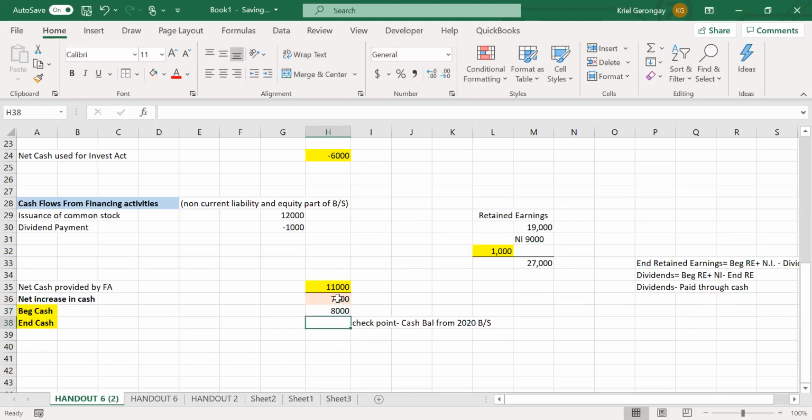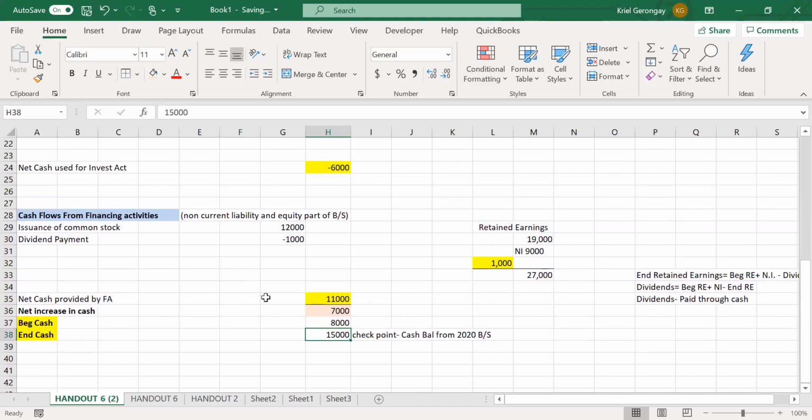Since this is your net increase in cash between the two periods, 2019 and 2020, if you add this together, the number should equal the 2020 cash balance from Handout 6. So here, you know it's correct, because your 2020 cash balance from Handout 6 is also 15,000. That's how you can check whether or not you got the correct number.